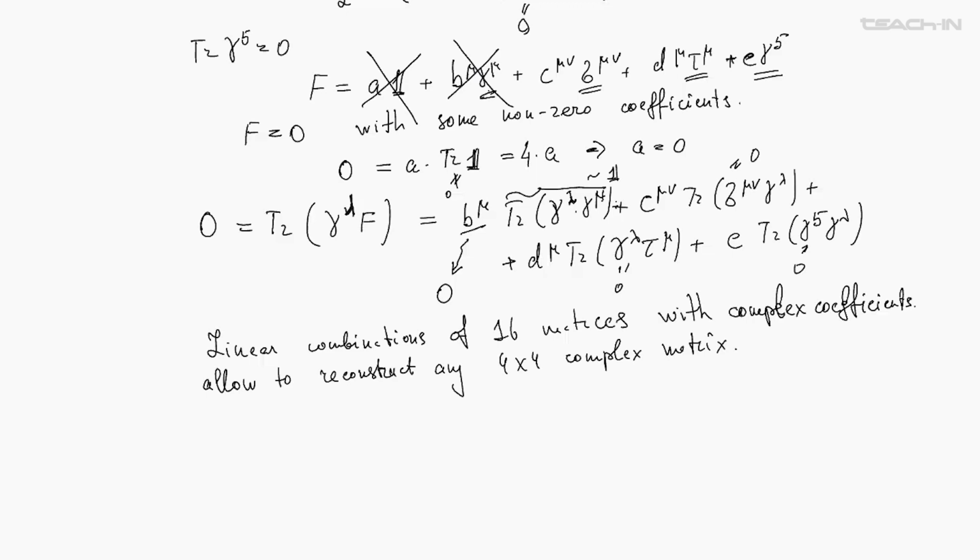The same we are proving here: any complex 4x4 matrix can be expanded over a linear basis of 16 Hermitian matrices constructed from gamma matrices with complex coefficients. Okay, so that's an important statement.